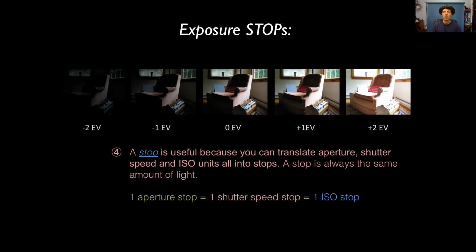The way the units are set up for ISO, shutter speed, and aperture makes it such that we can swap the stops between all three types of exposure changes happening in the camera. So one aperture stop is equal to one shutter speed stop, which is equal to one ISO stop.